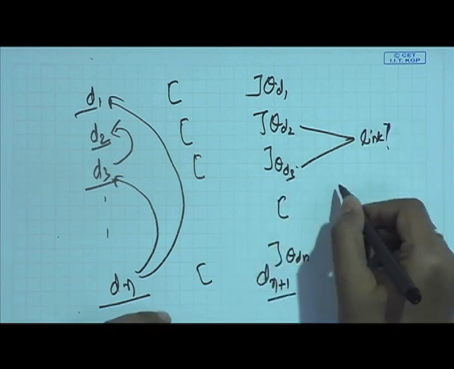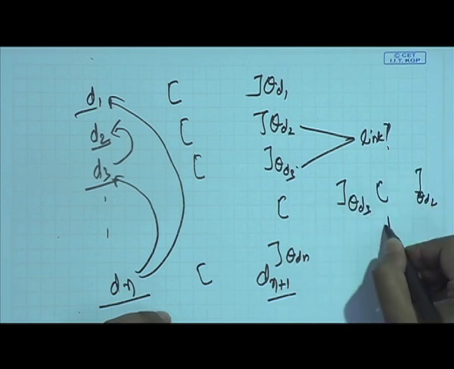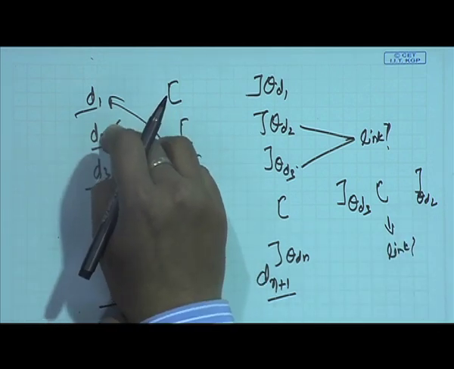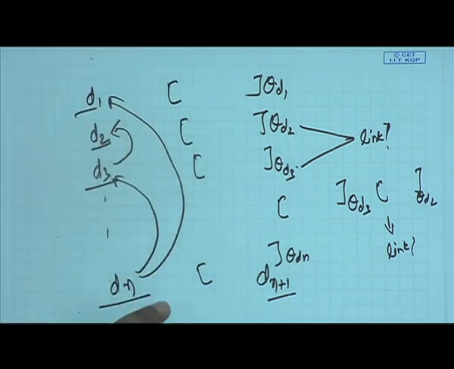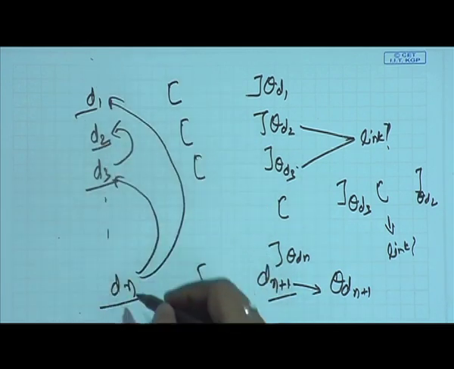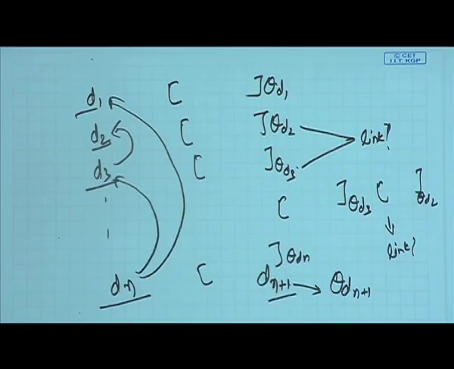You can say, given theta D3 and theta D2, predict the link, yes or no. I have some positive examples wherever there is a link, and negative examples wherever there is no link. At runtime, when I get a new document using LDA, I get theta D n plus 1. Now I try to combine it with D1 to Dn, and find out which one it is more likely to link to. That is one way it can be handled. Now, does that remind you of something? That will remind you of the last topic that we discussed, that was supervised LDA.